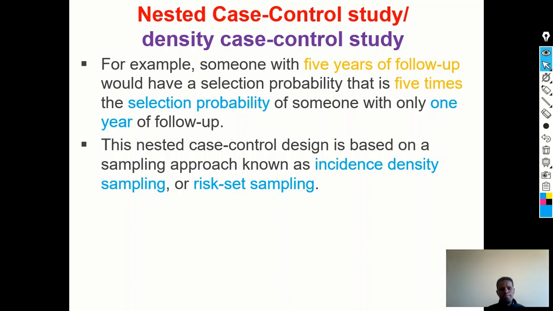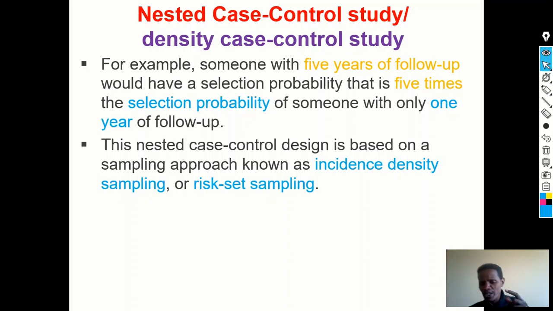So this nested case control design is based on a sampling approach. As I said before, there is a separate sampling method for case control study design that you didn't know from a biostatistics course. The sampling method for the nested case control study design is known as incidence density sampling or risk set sampling.